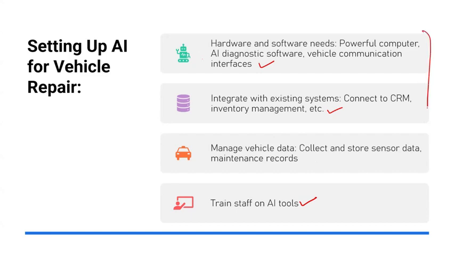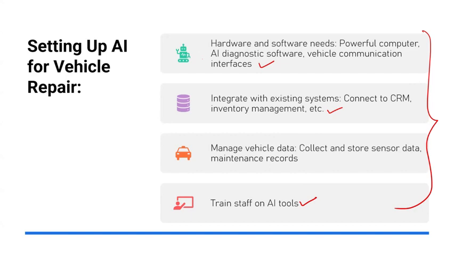So these are the things needed in order to implement AI diagnosis. First, you need hardware and software, like servers and workstations where your algorithm will run. But in service centers, because we are going for diagnosis, it will not be in the vehicle. The vehicle is going to collect the information from the sensors. Diagnostic software will be connected to the vehicle, diagnose it, and provide the required repair.